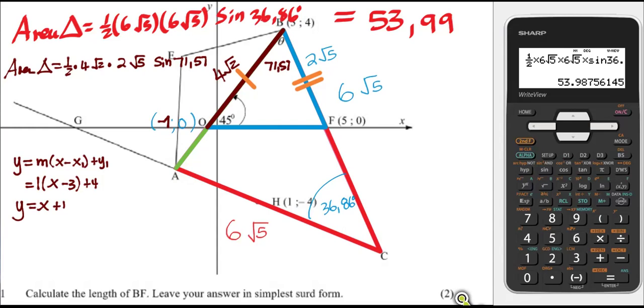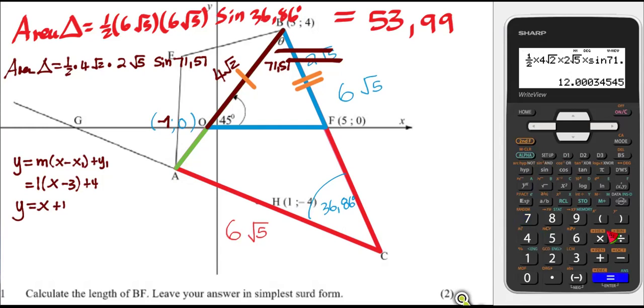All right, let's go for the brown one. I'm doing them individually. The brown one is going to be half, and then times 4 root of 2, times 2 root of 5, then times sine 71.57.